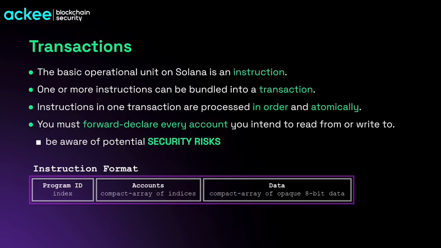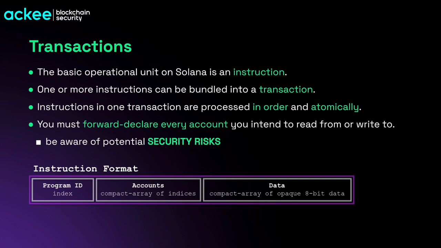Another important part of our previous lectures were transactions. The basic operational unit on Solana is the instruction. One or more instructions can be bundled into a transaction, and these instructions in one transaction are then processed in order and atomically. This is something similar to databases.